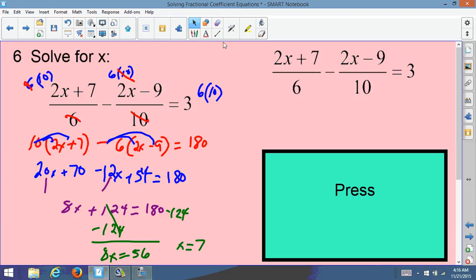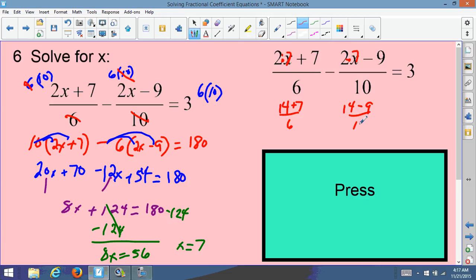So let's get a pen and replace x with the number 7. So I see I'm going to have a 7 here, so that'll be 2 times 7. That'll give me 14 plus 7 over 6. Put a 7 here. That'll be 2 times 7. That'll give me 14 minus 9 over 10. Put a minus sign in the middle.